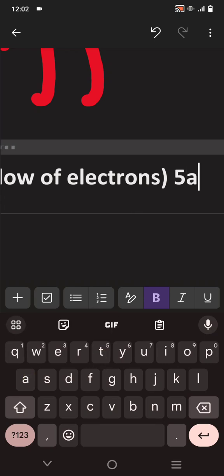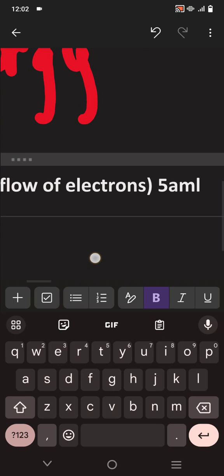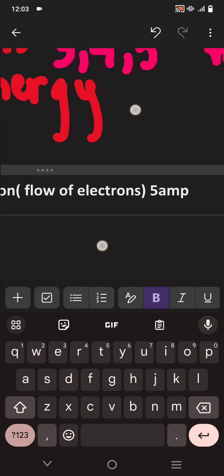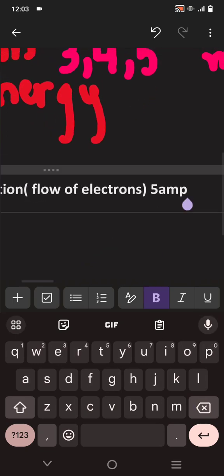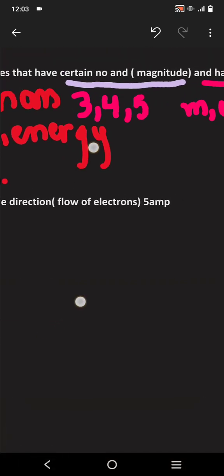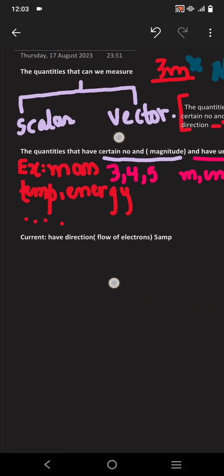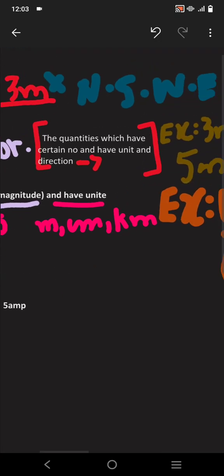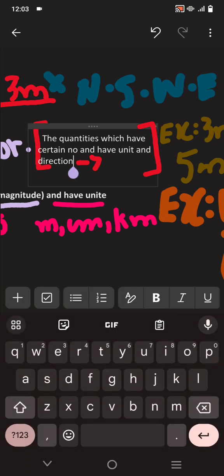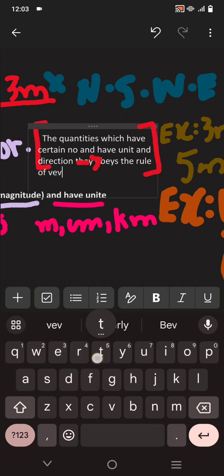5 ampere. So here we have the unit and the magnitude as well. But I could tell you that vector quantities are the quantities that have direction, plus they obey the rule of vector addition.